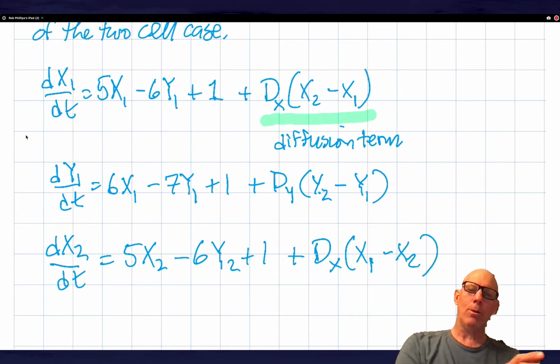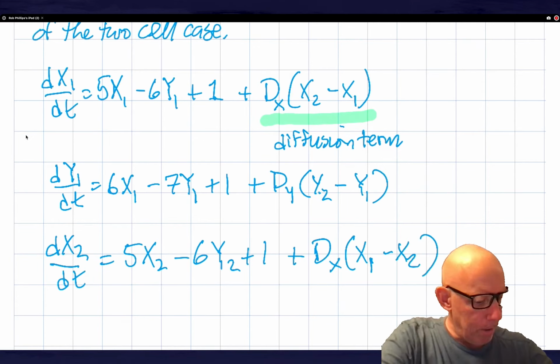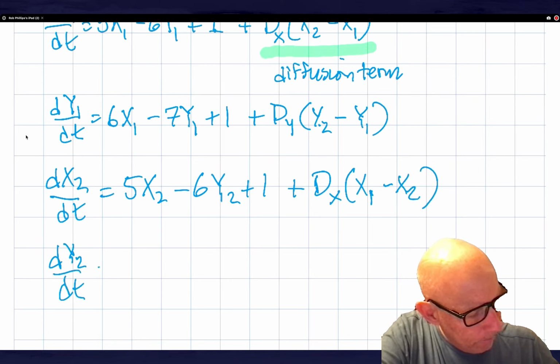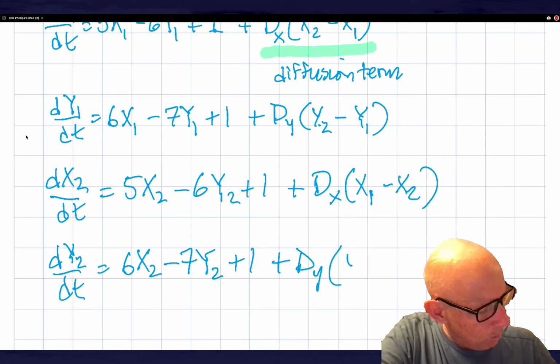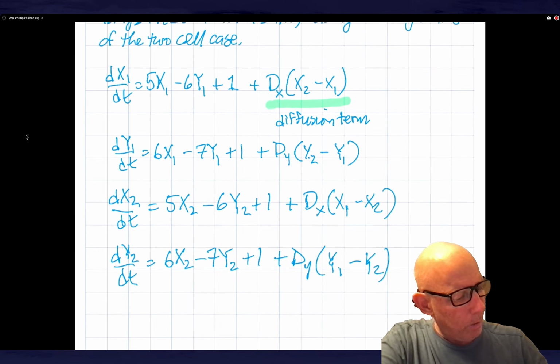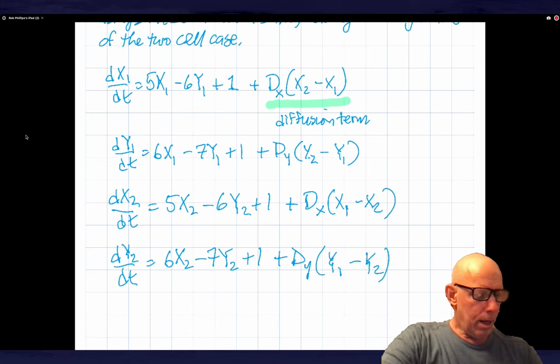If molecules leave cell 2 to go to cell 1, the total number of molecules due to that diffusion process is unchanged. And then finally, dy2/dt is equal to 6x2 minus 7y2 plus 1 plus dy times (y1 minus y2). So these are the 4 equations that describe the two-cell system.